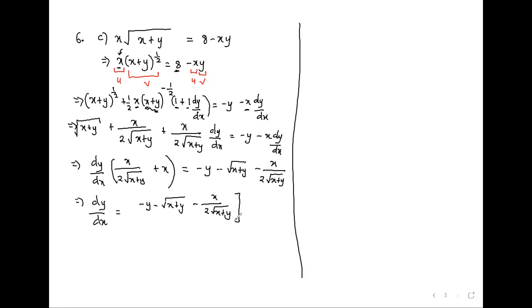This whole thing to be divided by x over 2 root of (x plus y) plus x, by this whole thing. So one may attempt to simplify, but nothing much will change there.